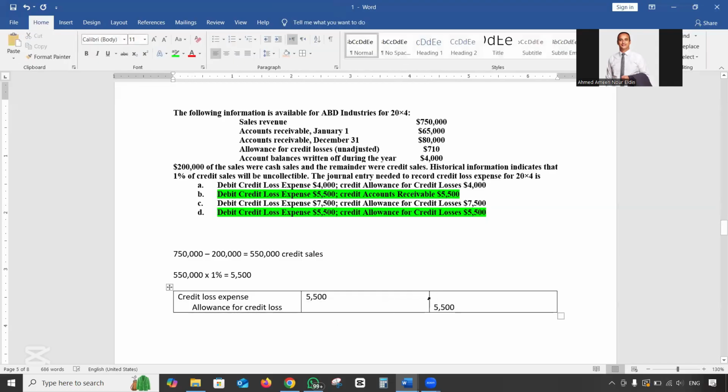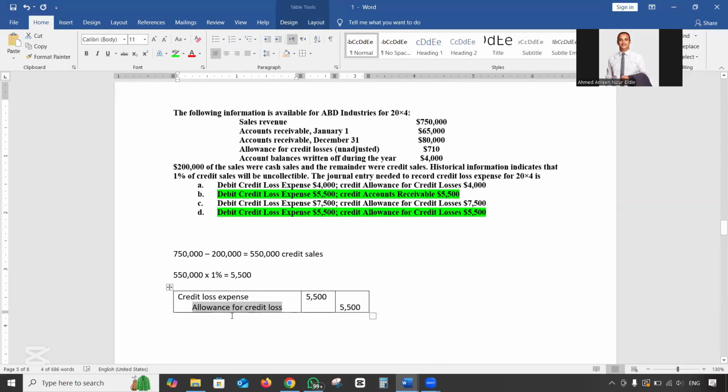And you cannot replace these words with accounts receivable. If you write accounts receivable here, it means that you are sure that the amounts will not be collected, and therefore you decrease your accounts receivable.